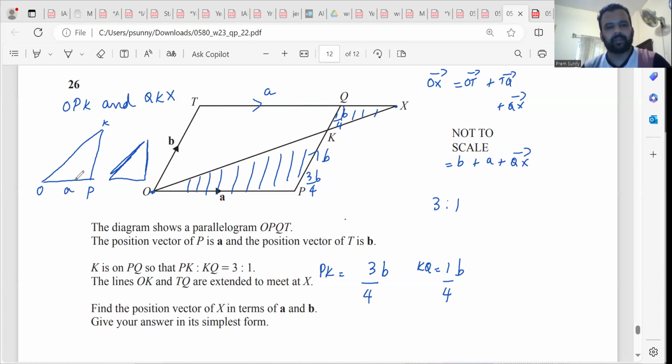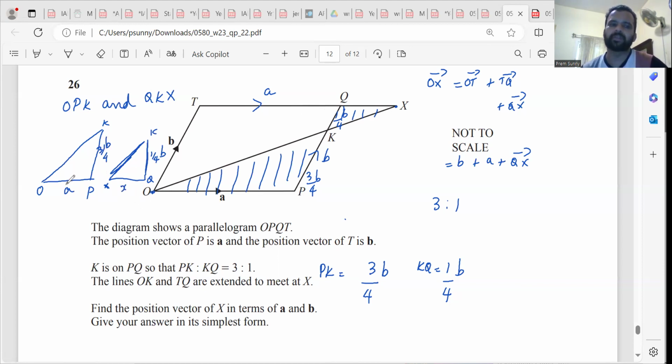OP is A. PK we know is 3 by 4 B. And the other one, QK: X will be over here. QK we know is 1 by 4 B. And we need to find out what QX is.